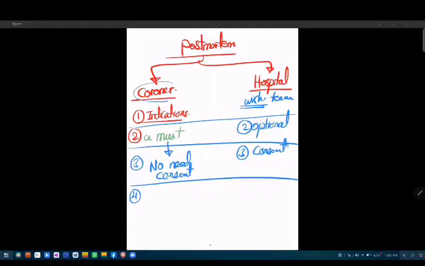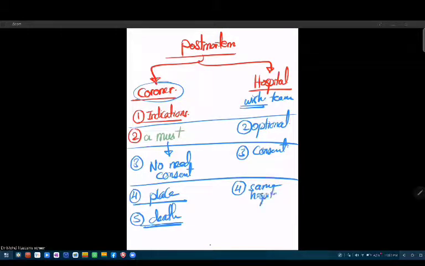For the coroner, it will be done in the coroner's place or office, and they are the ones who are going to give the certificate afterwards. In a hospital post-mortem, usually it is carried out in the same hospital, and the next of kin will get the certificate from us.